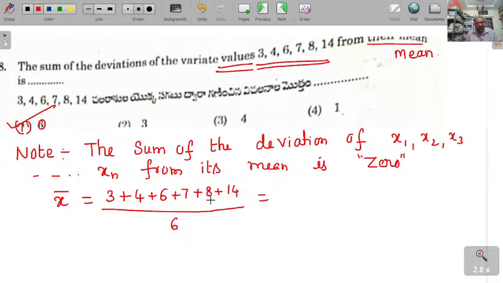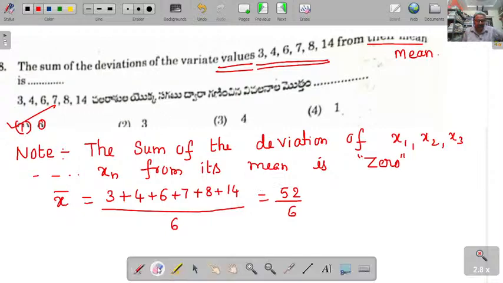Let me write it again: 14 plus 8 is 22, 29, 35, 39, 42. 42 divided by 6 is 7.